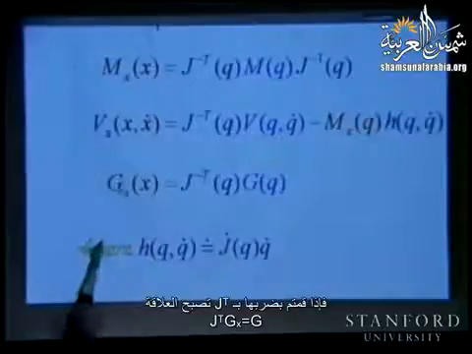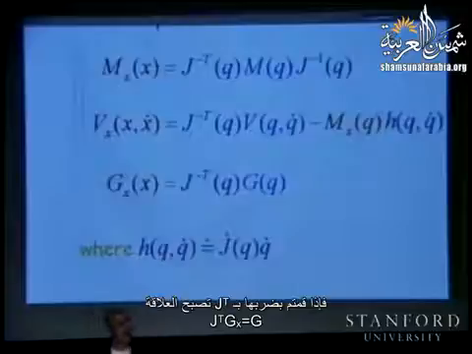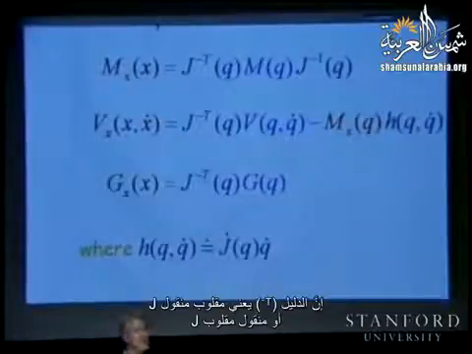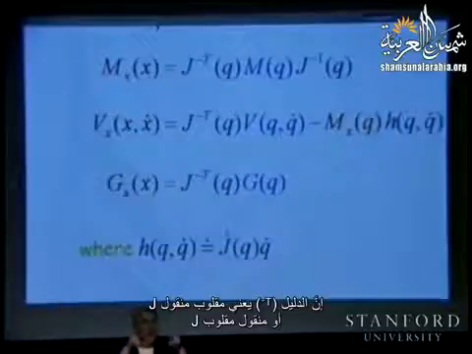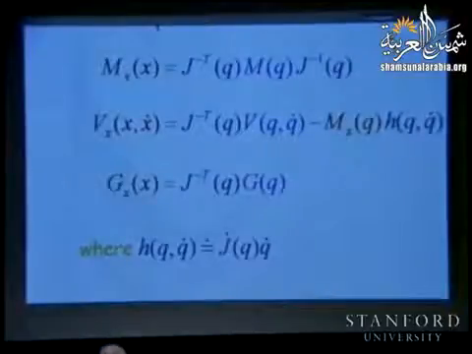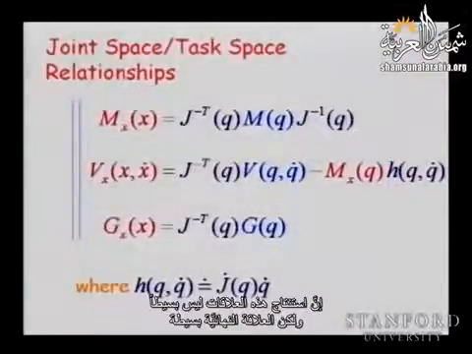So if you multiply by J transpose, Jx equal to J, basically. Minus transpose means it is J transpose minus 1, or J minus 1 transpose. Okay? So the relationships between the two are very simple. Well, they were not simple to find, but they are simple.